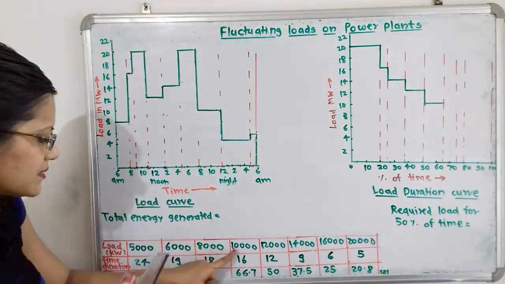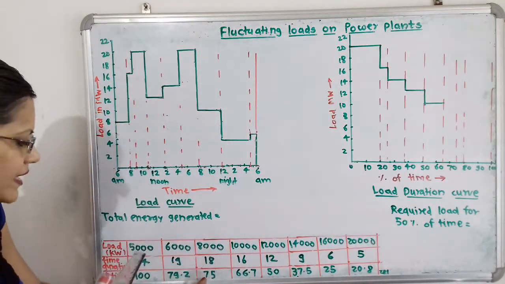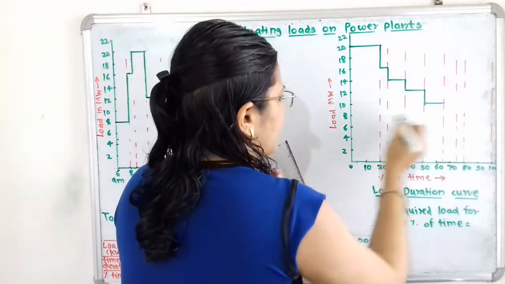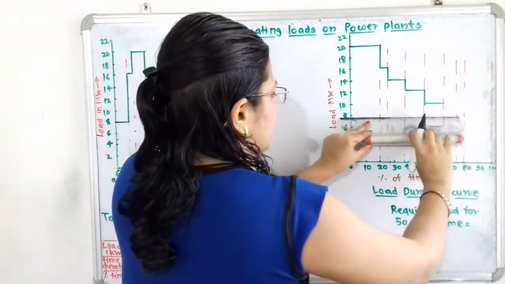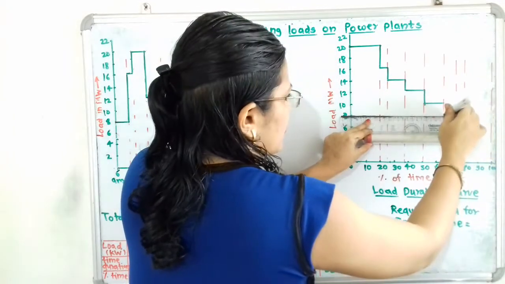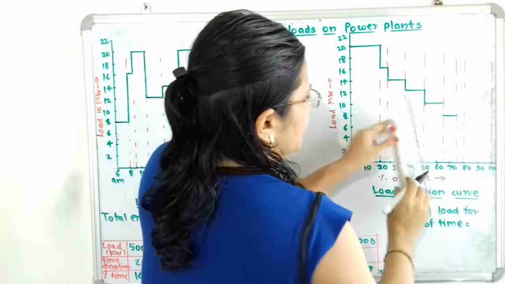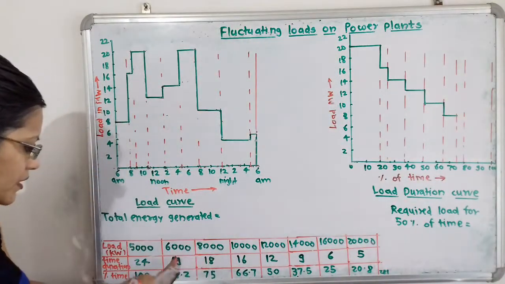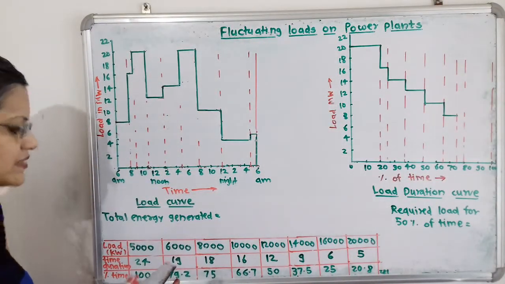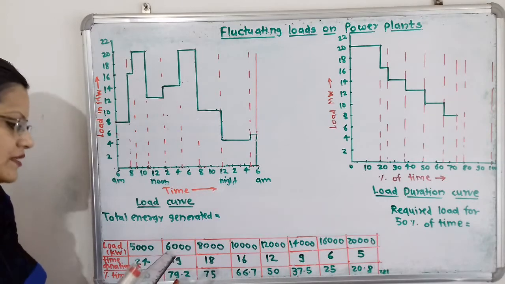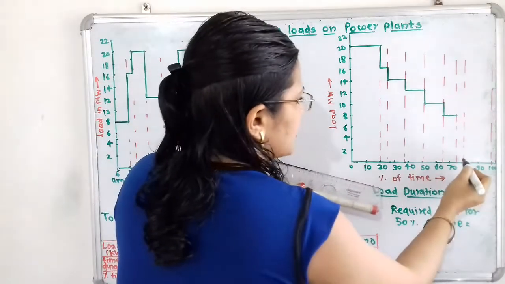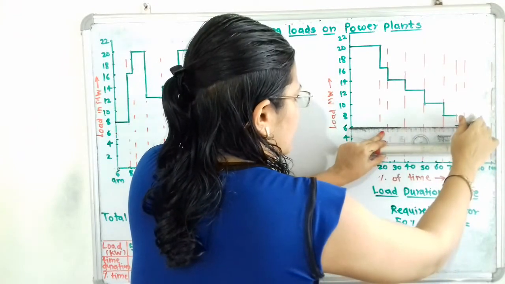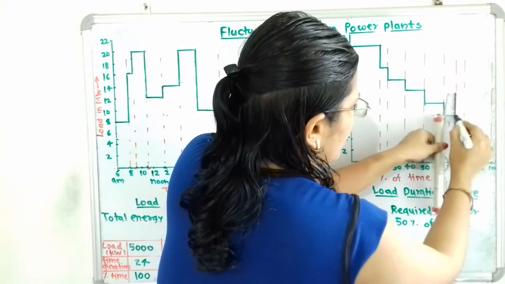Then next is 8 megawatt and up to 75%. So here is the line for 75% and load is 8 megawatt. So I will draw here. Then next is 6 megawatt and 79.2%. So for 6 megawatt it is 79.2%, so I will draw one line and join this corner.